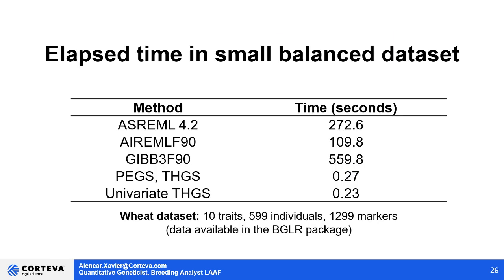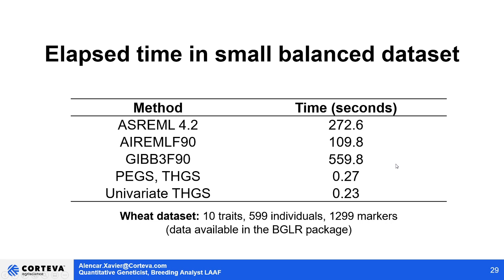Alright, so let's look at how long it took to fit the model in the small data set that was balanced. Here we use a couple of different software. The methods we proposed, we named them PEGS and THGS, meaning pseudo expectation Gauss-Seidel and tilde hat Gauss-Seidel. The software we compared against were ASREML 4.2, that took 272 seconds, AI-REMLF90 took 100 seconds, and the GibbsF90 took 560 seconds.